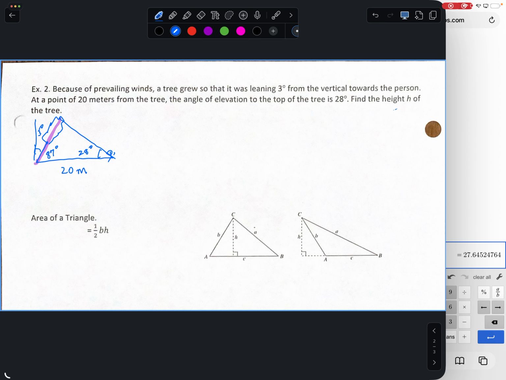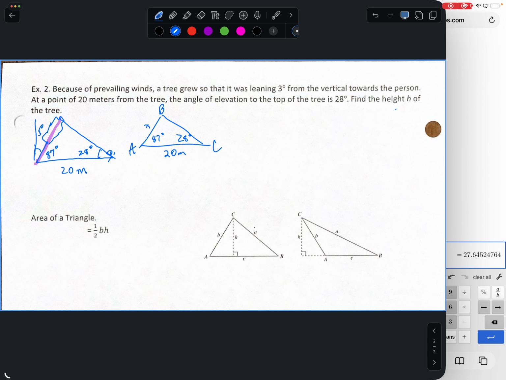And in all of these, they're basically giving you information so that you can find what they're asking for using law of sines. It doesn't really matter what's A, what's B, what's C, but I'll label it.